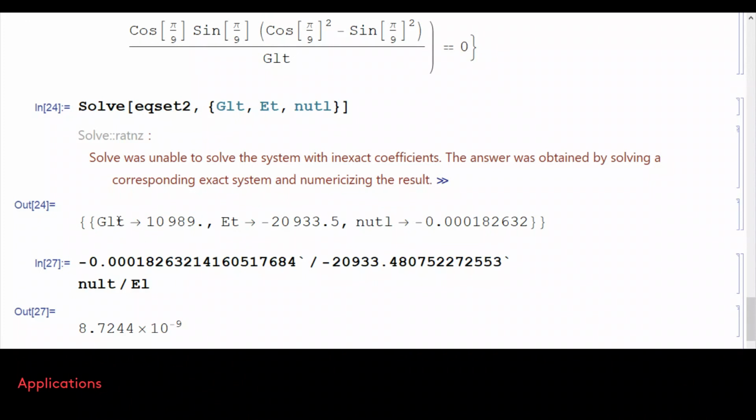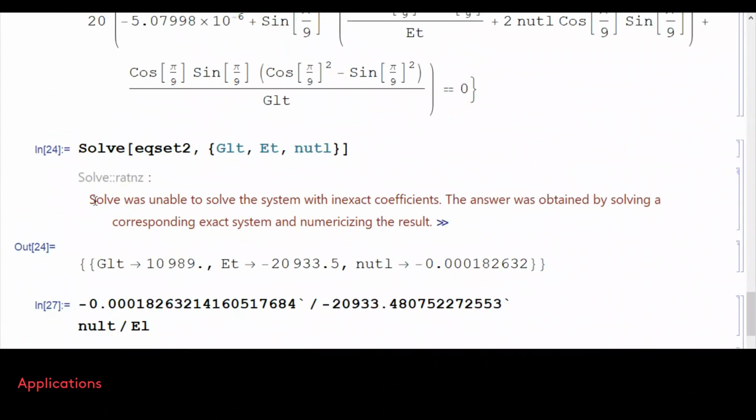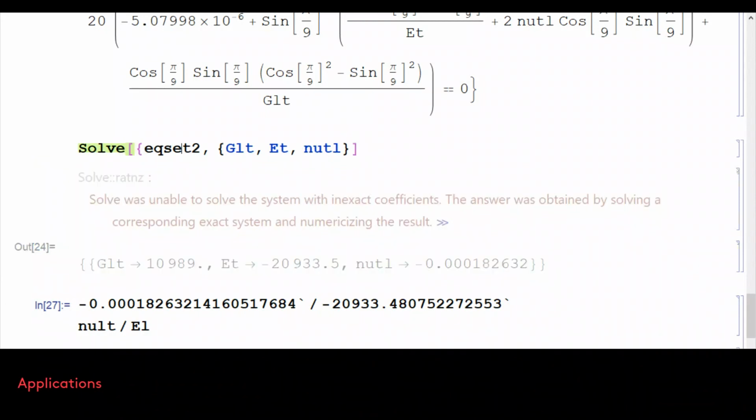Now I will do something else. Instead of using all the expressions, I will put an additional equation here.